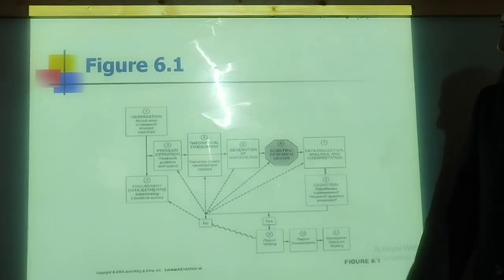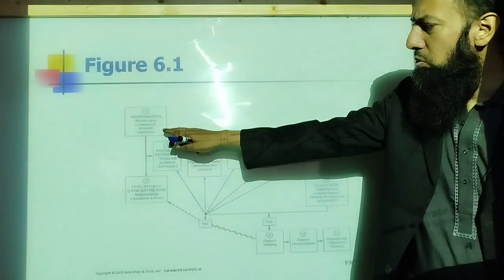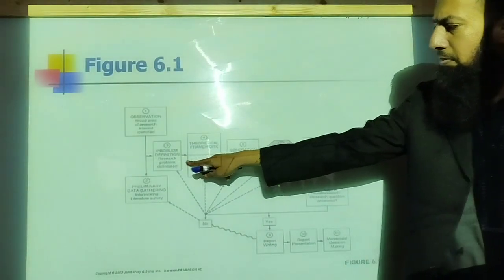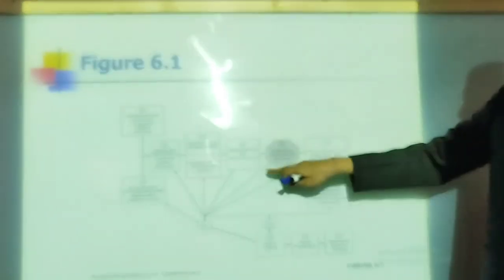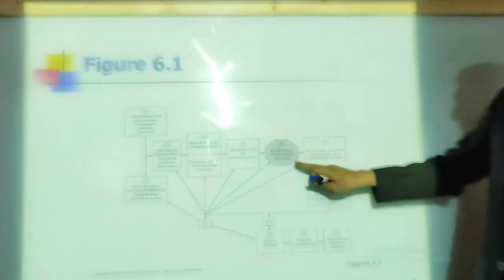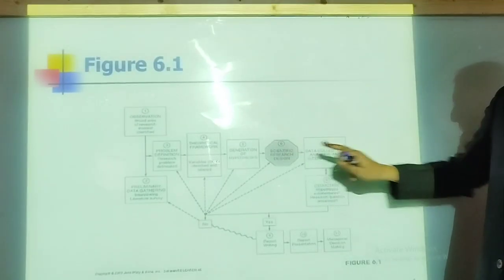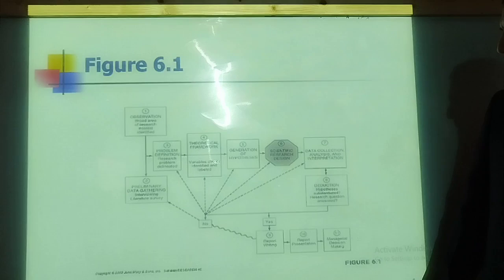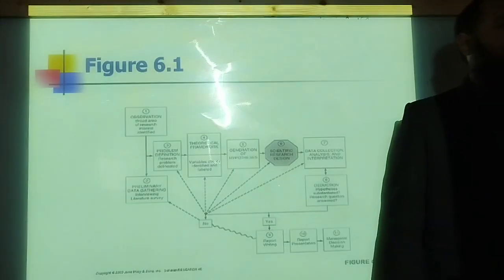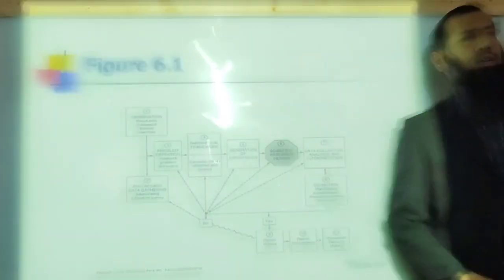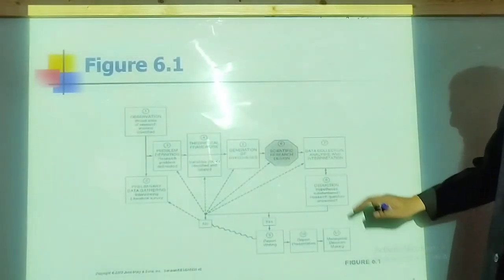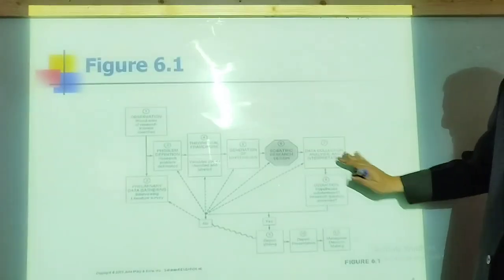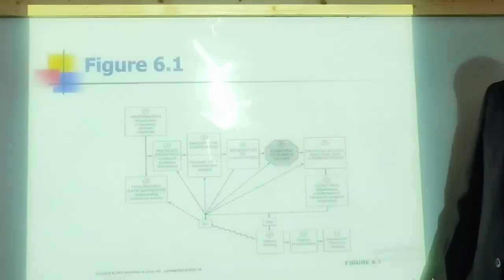So it is telling you first you need to define the problem, then theoretical framework, then generation of information, then scientific research design, that is here, and then you collect the data and analysis. So data collection and analysis is totally dependent upon your research design. And then you come to the outcome.